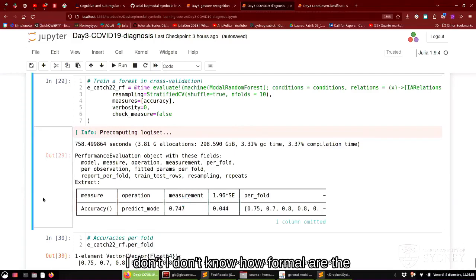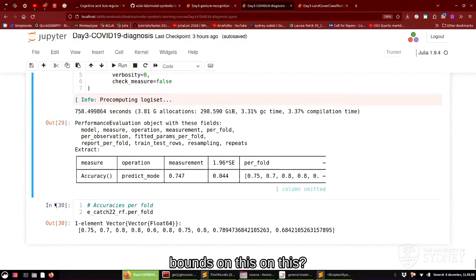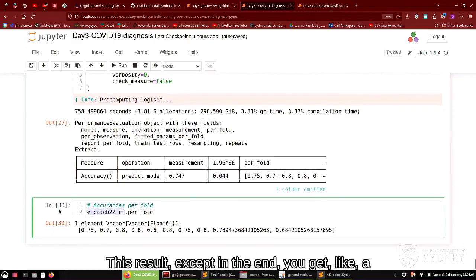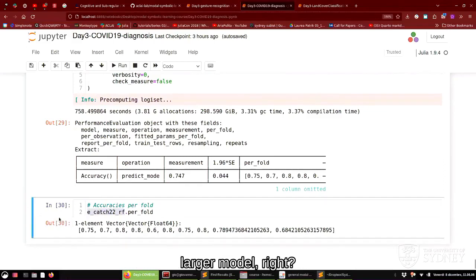I don't know how formal are the bounds on this result. Except in the end, you get a larger model, right?